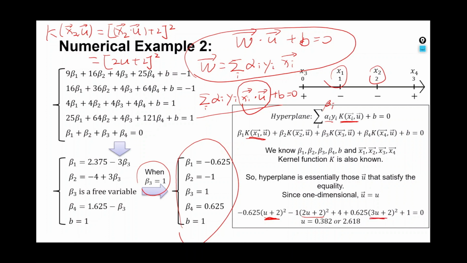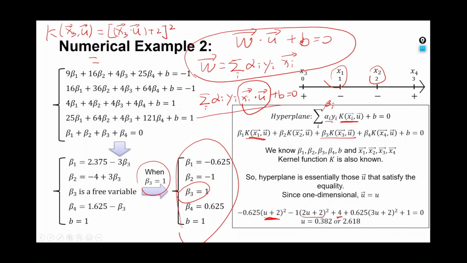Then the third one over here is basically 4 times beta 3. Where is it? Okay, beta 3 is 1. So basically it's 1 multiplied with this x3 dot u.